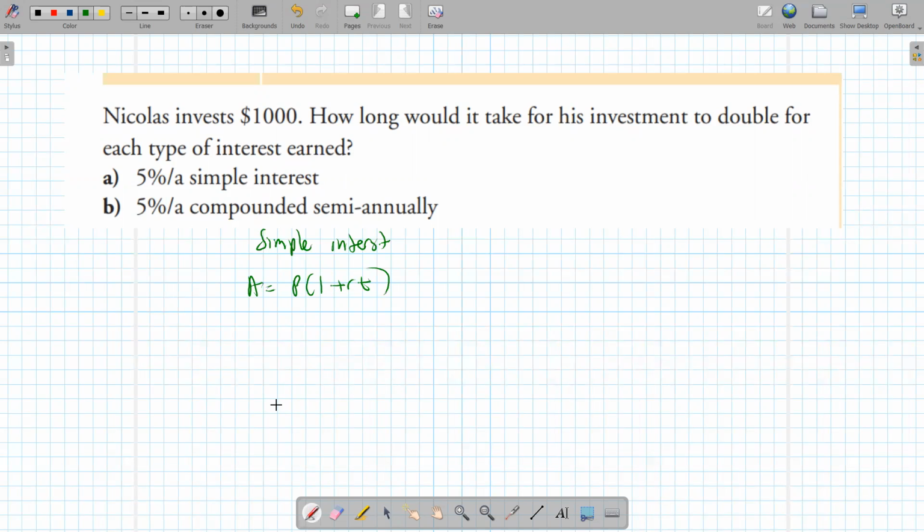We're doing part A first. P is 1,000. What else? R is 0.05. What are we trying to find? Are we trying to find A or T? T. So we just leave T as T. What's going to be A?